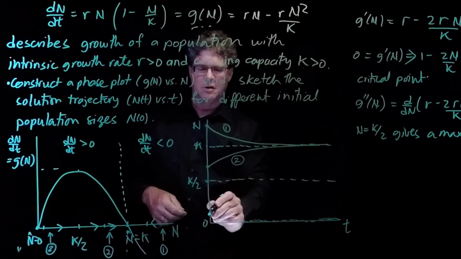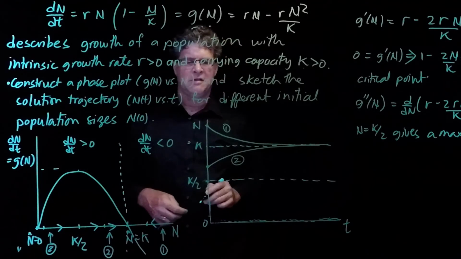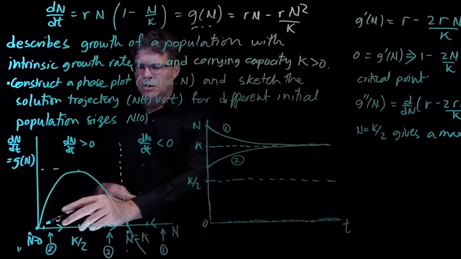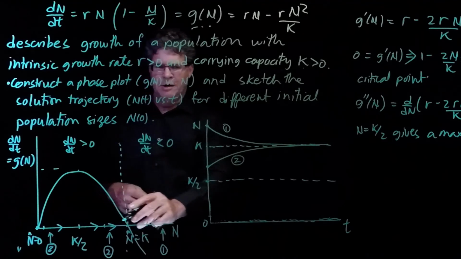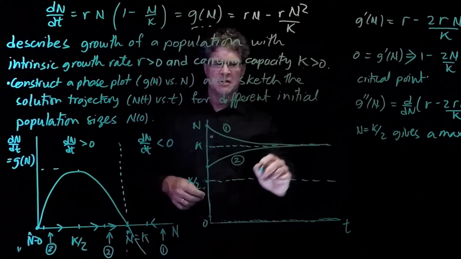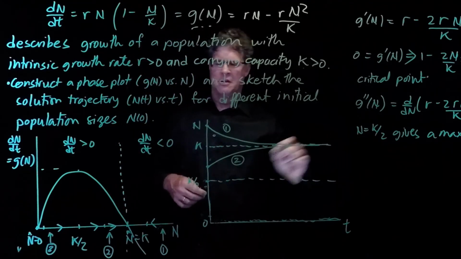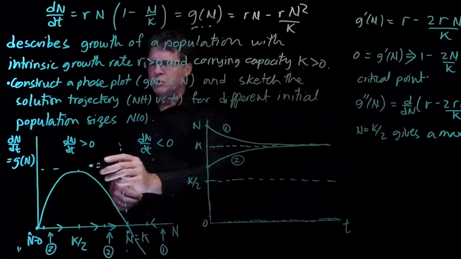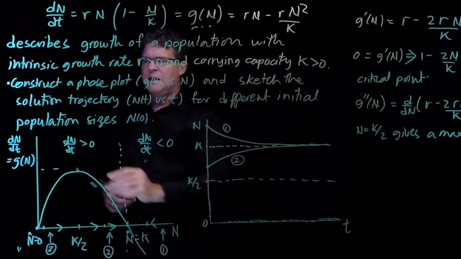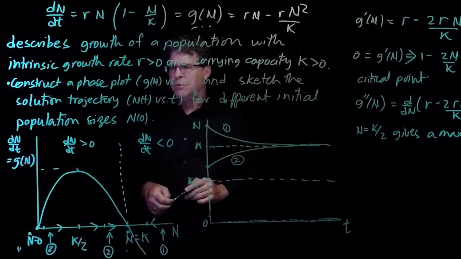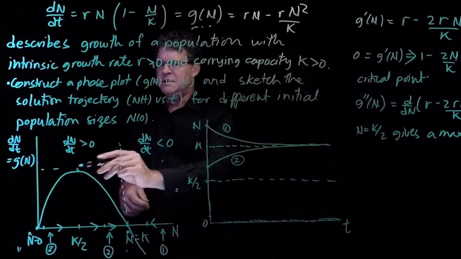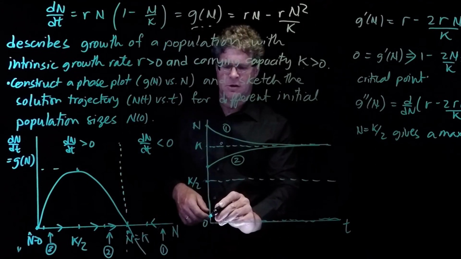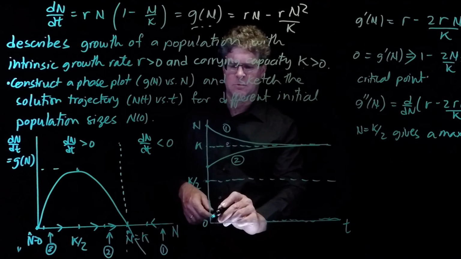And so we're going to start right here on this axis. And the population is going to grow all the way up towards the carrying capacity. So we know when we draw this curve, it's got to approach this horizontal line here. But notice that the population growth rate is highest at N is equal to K over 2. So the value for dN/dt is largest at this point right here. So as we draw this curve, we can make sure to include that feature as well.